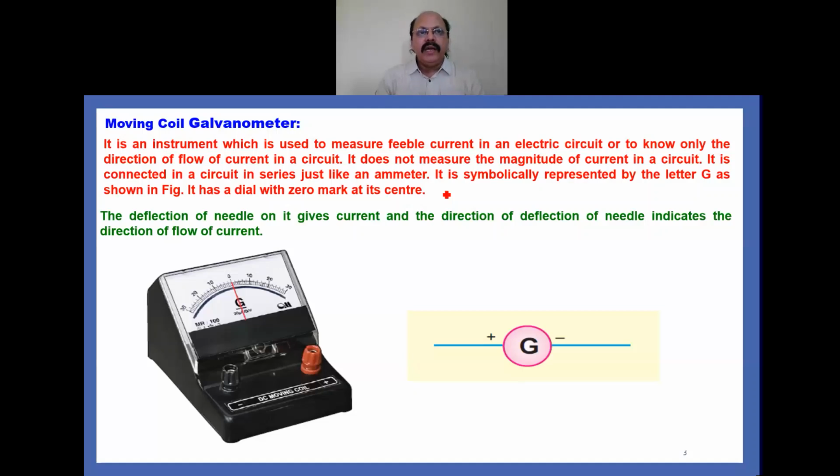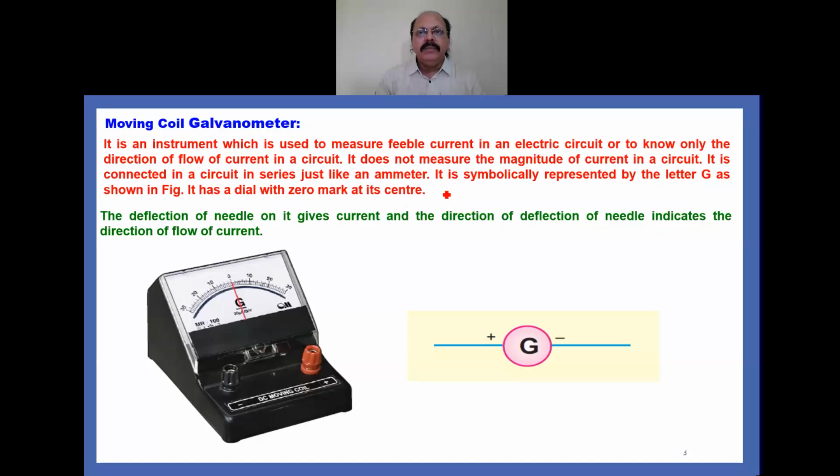So the moving coil galvanometer is basically an instrument which is used to measure feeble current, very little current, that is in the order of microamperes in an electric circuit, or to know only the direction of flow of current in the circuit. It does not measure the magnitude of the current in the circuit. It is connected in the circuit in series, just like an ammeter.